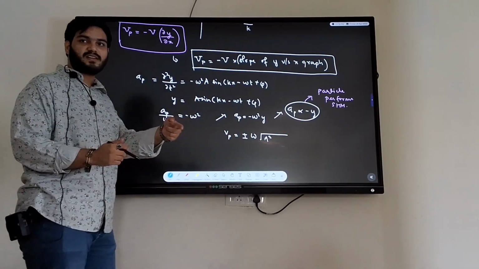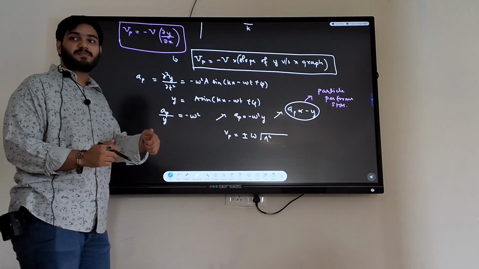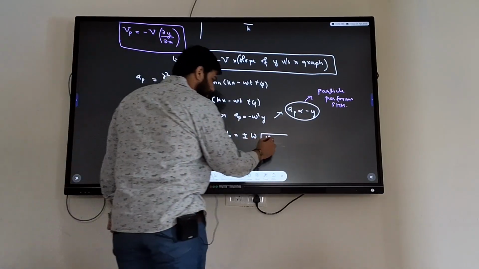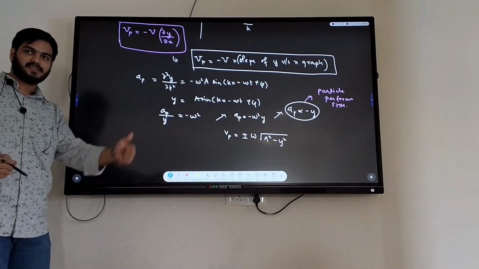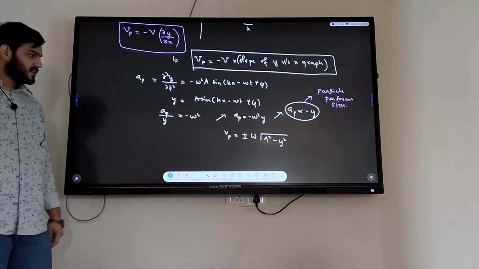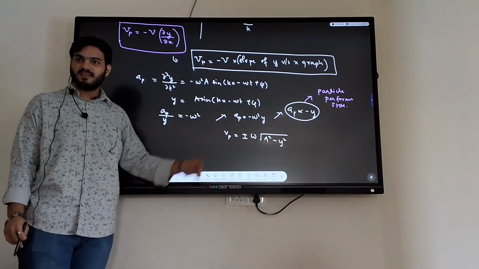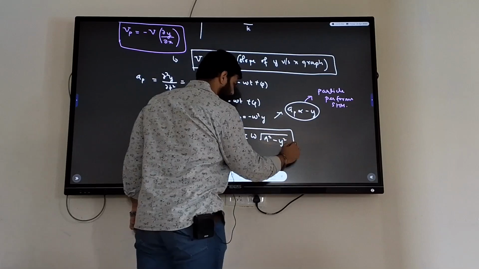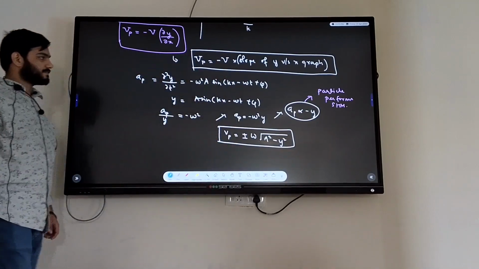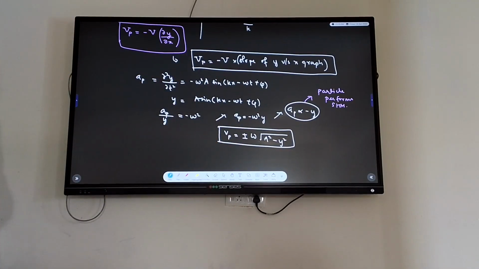Where is the displacement? Y, so it should be y square. Where is the particle oscillating? The particle oscillates like this, so the displacement is y. You remember this expression? Yes. This is the particle velocity. Again, another expression. Is it all okay? Good.